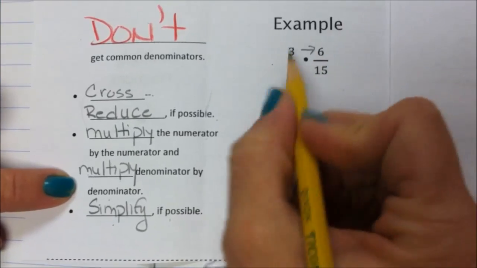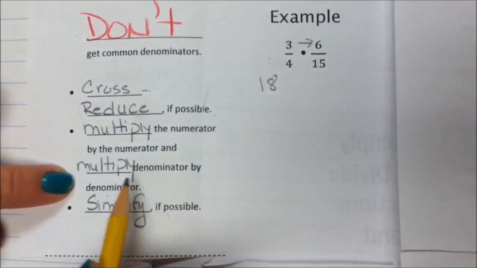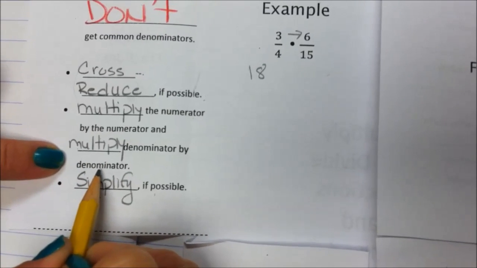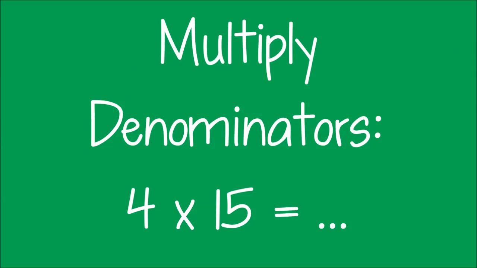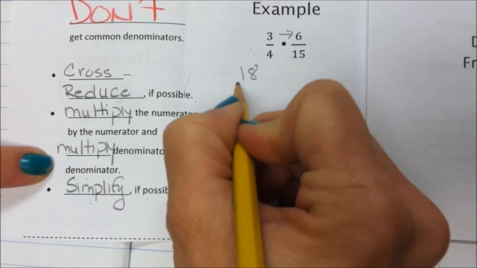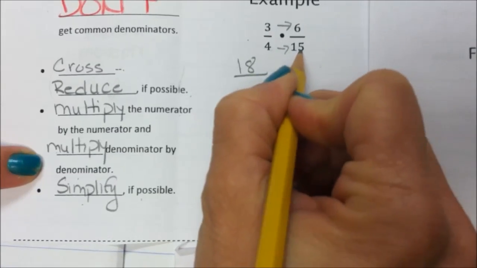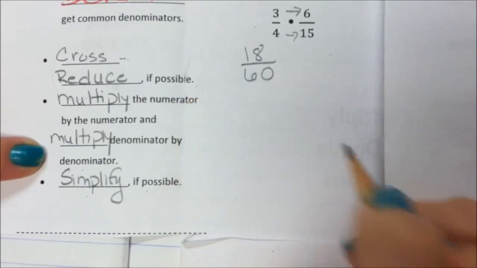So 3 times 6 is 18. Next step is to multiply the denominators. Four times 15, which would give me 60.